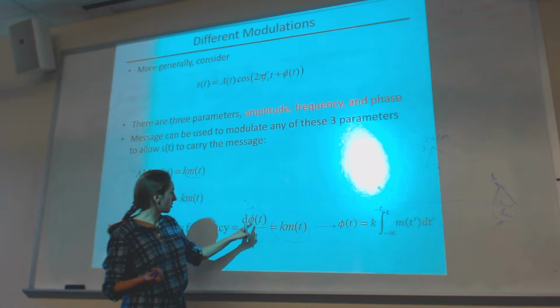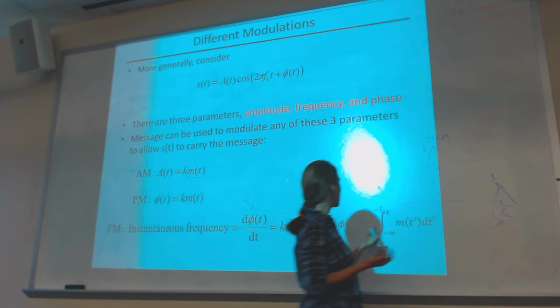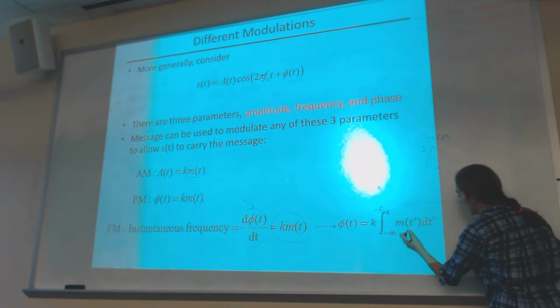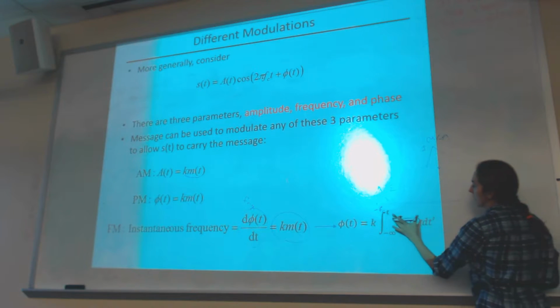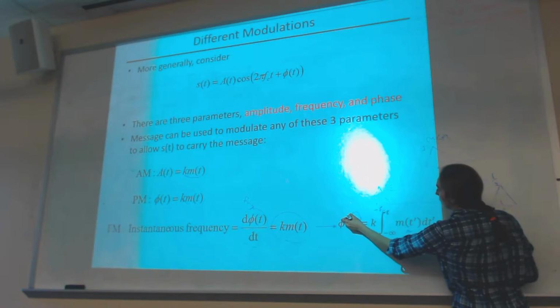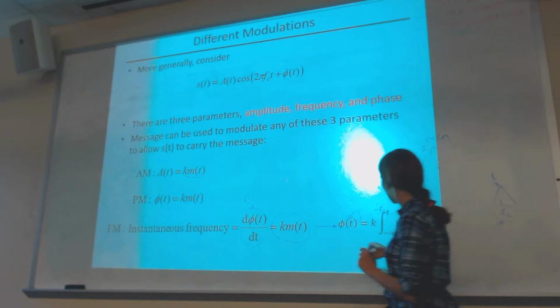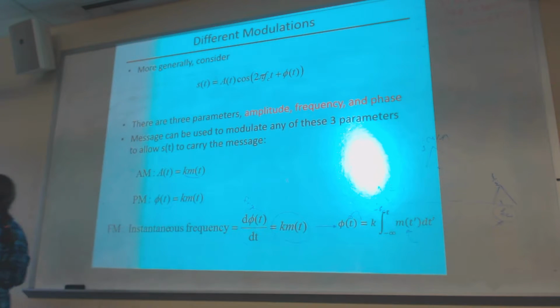Now you take the integral, so phi t is gonna be the integral of the message. So in other words, the integral of the message appears in the phi t. So this is the effect. We are gonna see it next time. So this is the basis of modulation using the cosine, either modulating the amplitude, frequency, or phase.